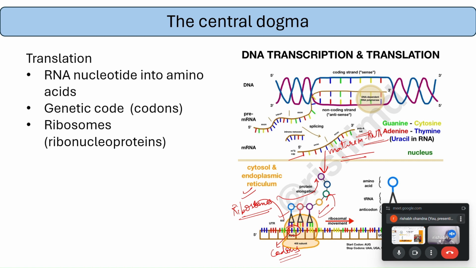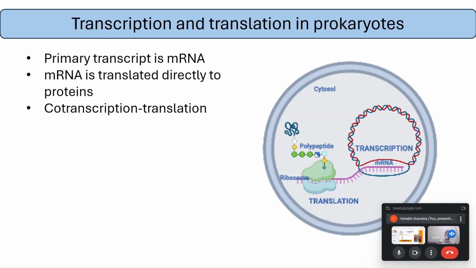Okay, so here is transcription and translation in prokaryotes. Now we'll be discussing some things about prokaryotes and eukaryotes. First, let us briefly discuss prokaryotes. Let's take the example of a bacterium, a cylindrical bacterium.